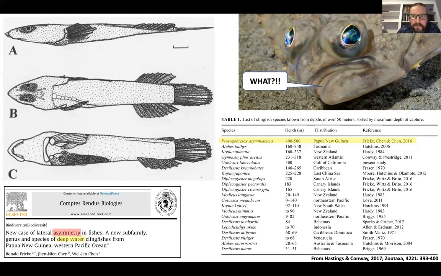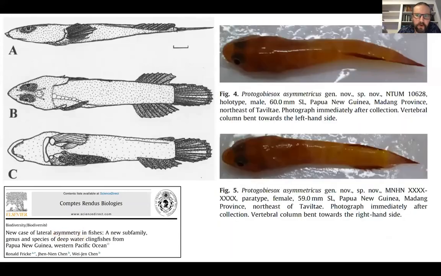This seemed a little strange to me, so I wanted to get to the bottom of this, and I started to read the details of this paper, and it turned out that the asymmetry actually differed between individuals. So in some individuals, the asymmetry was towards the left, and in others it was towards the right.